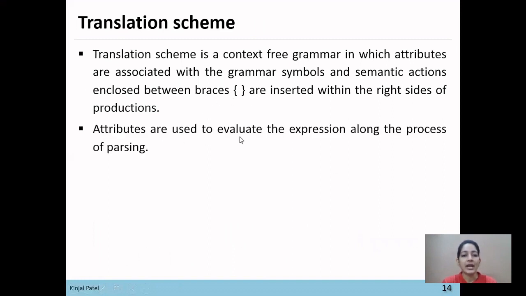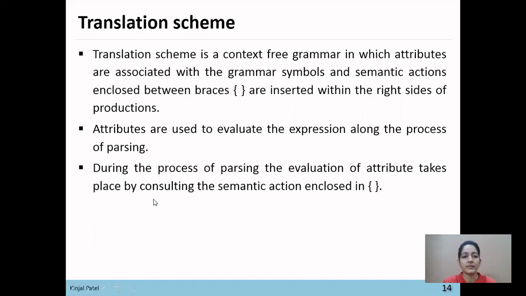So the attributes are used to evaluate the expression along the process of parsing. And during the process of parsing, the evaluation of attributes takes place by consulting the semantic action enclosed in curly braces. Means the evaluation of attributes can be performed only if semantic rules are enclosed in curly braces.